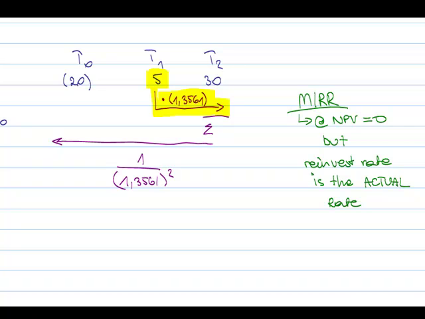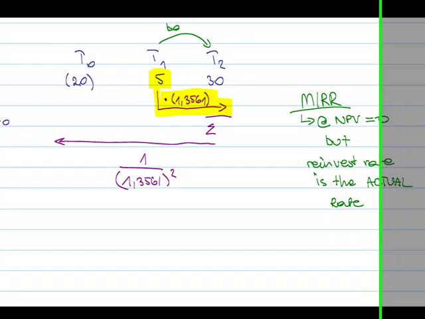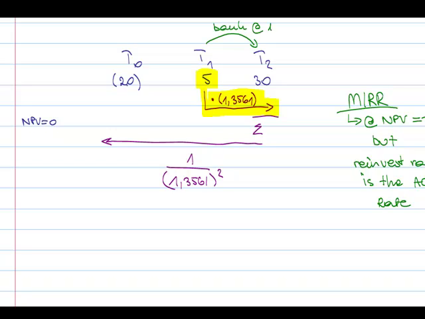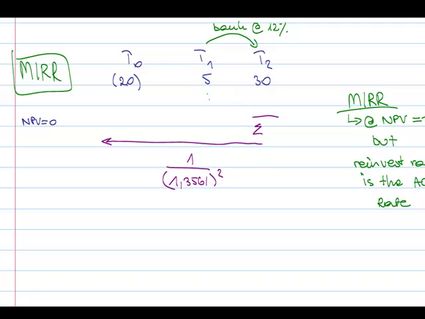So let's say this 5 was put into the bank at 12%. So the MIRR calculation would change this into this. And that would be the X, the MIRR, that we will be looking for.